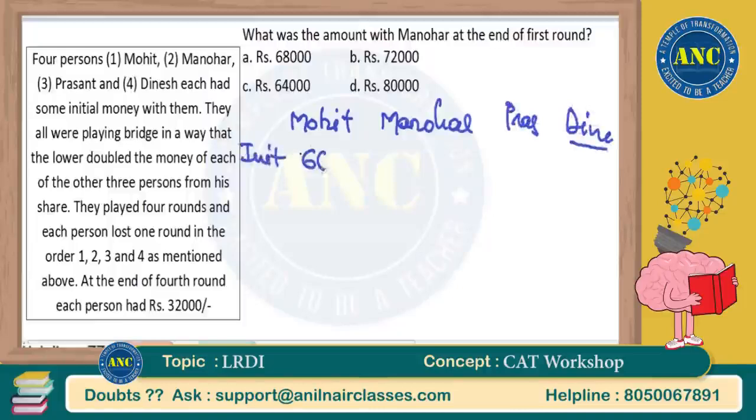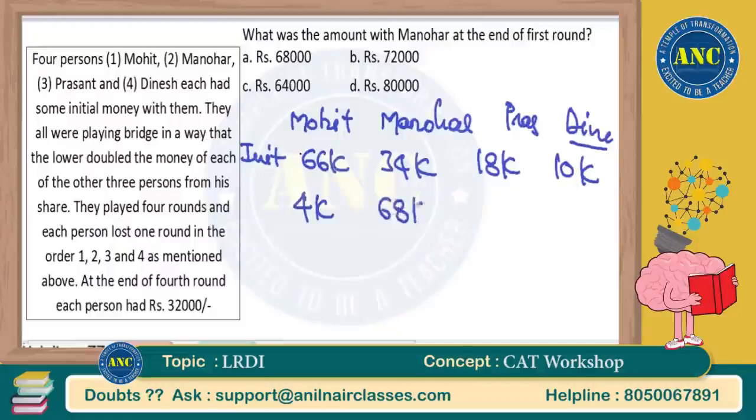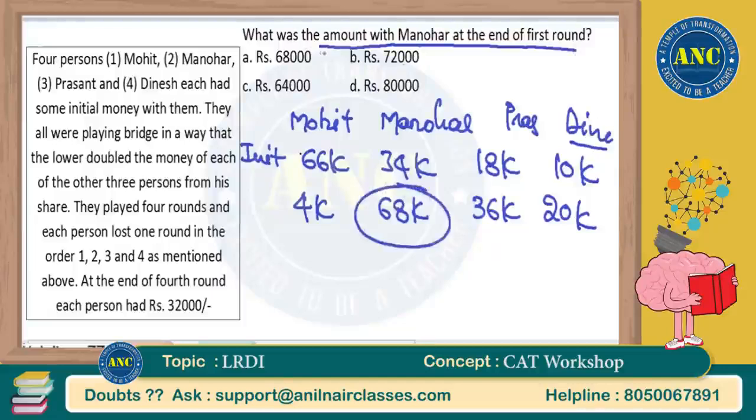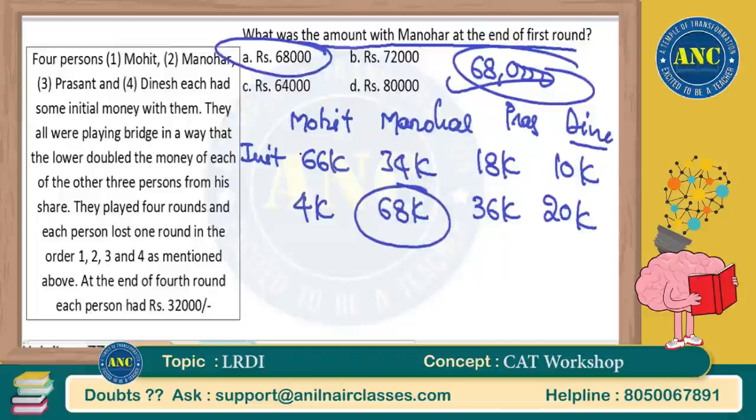Initial value is 66K, next is 34K, next is 18K, next is 10K. At the end of the first round, what is the value we got? 4K, next is 68K, next is 36K, and next is 20K. Question is, what was the amount with Manohar at the end of the first round? Answer for this question is 68,000. I hope it is clear.